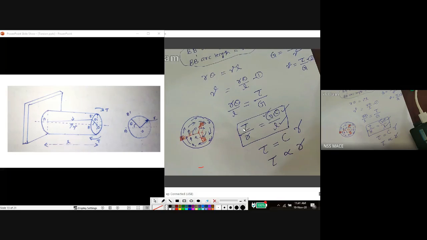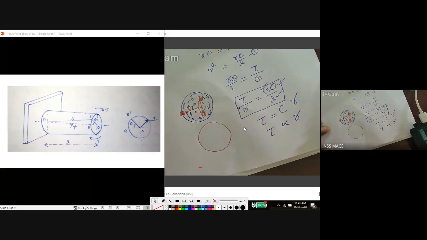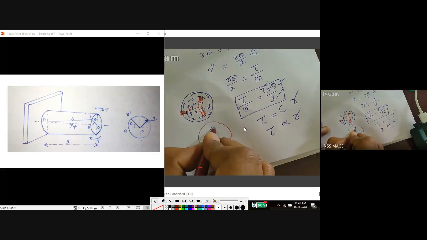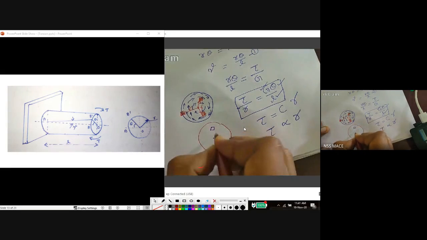For example, I am taking this element, and the radial distance to the element is R.